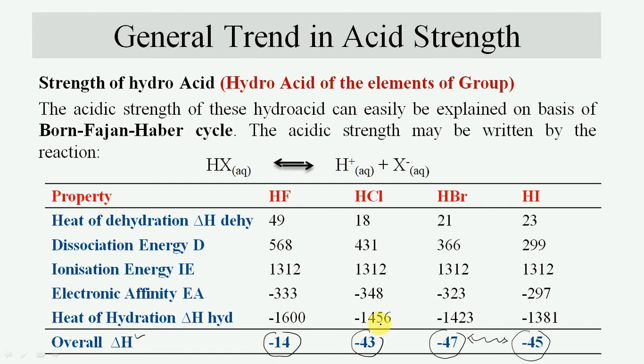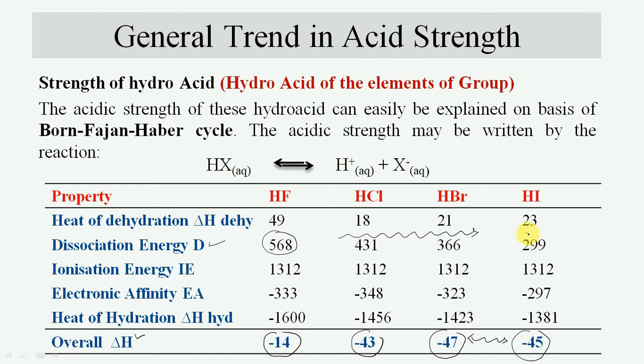This discrepancy has been explained in terms of the entropy change in the process of ionization and the other factor, that is the bond dissociation energy. If we see the bond dissociation energy in all these cases, the bond dissociation energy is maximum in the case of hydrogen fluoride, and the value decreases as we move toward hydrogen iodide.